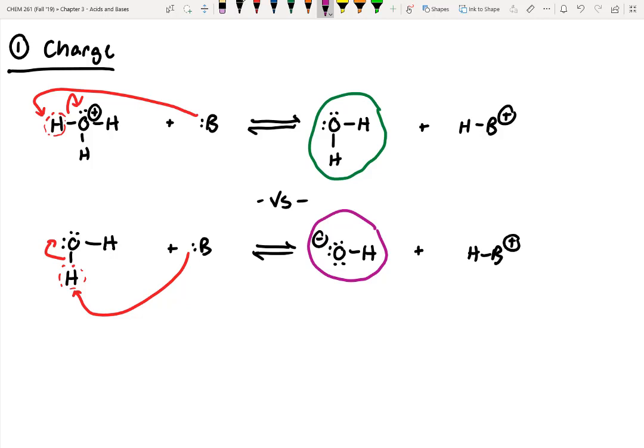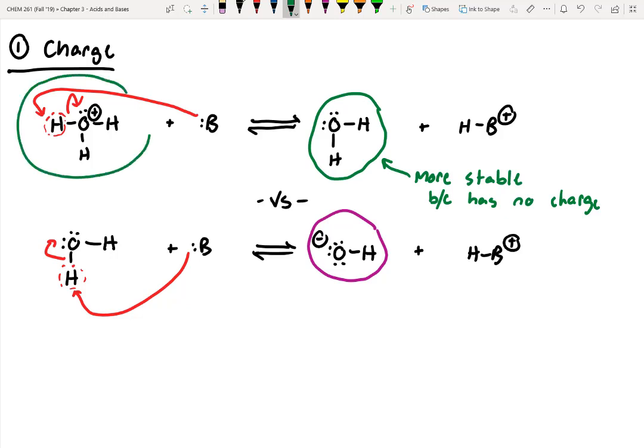The neutral one, right? So this is going to be more stable, because it has no charge. All right, once we look at that, then we can go back to the original molecule and we can say this must be the stronger acid.